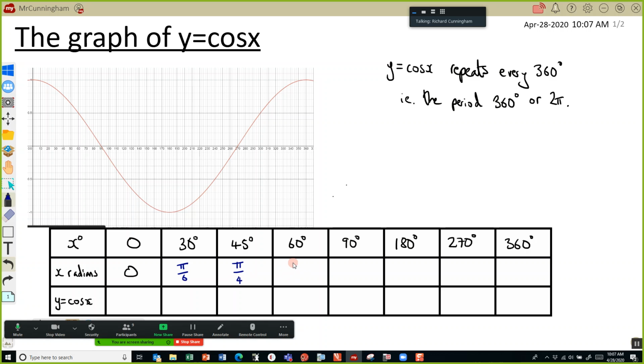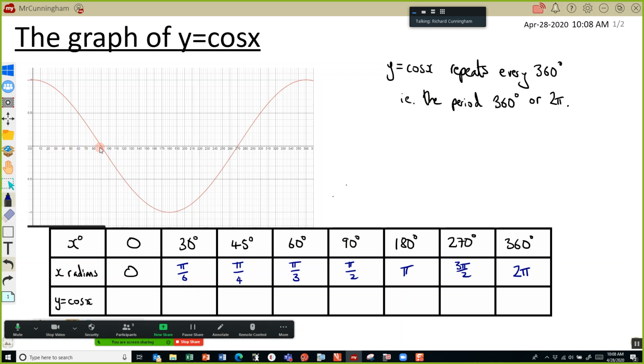Good. 60 degrees. 90 degrees. 180. 270. Good. And 360. Good. All right. So looking at our graph, here is 0, here is 90.